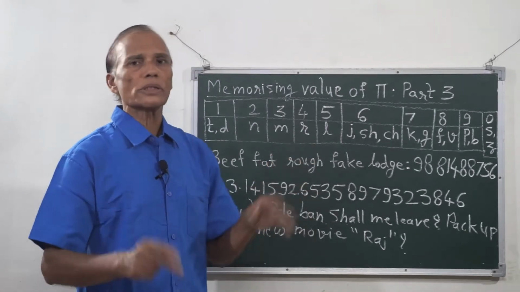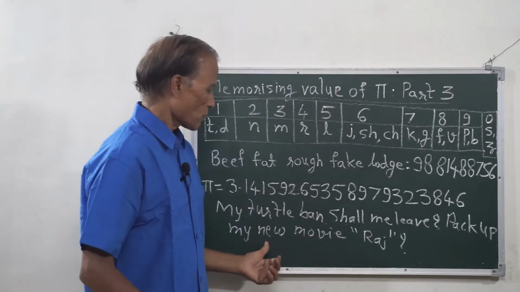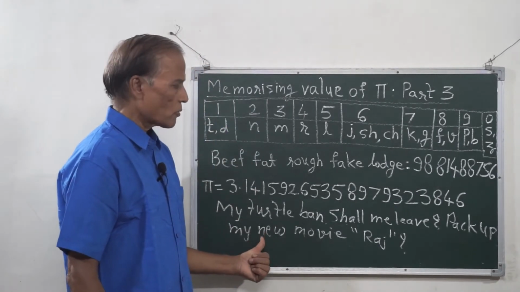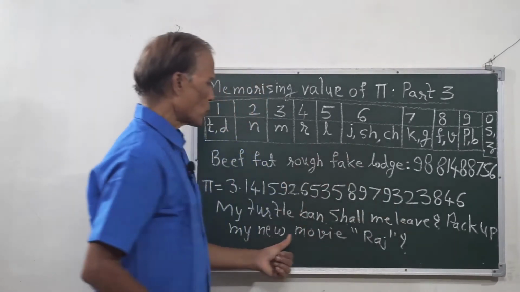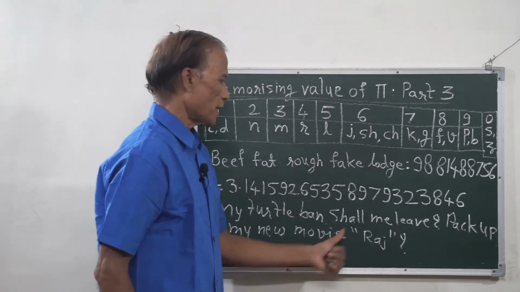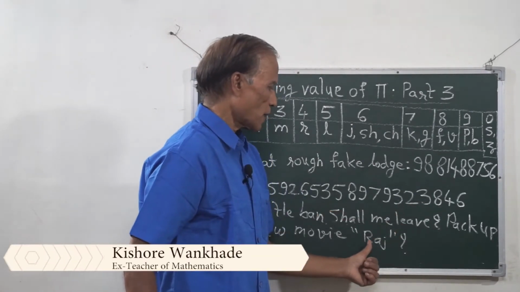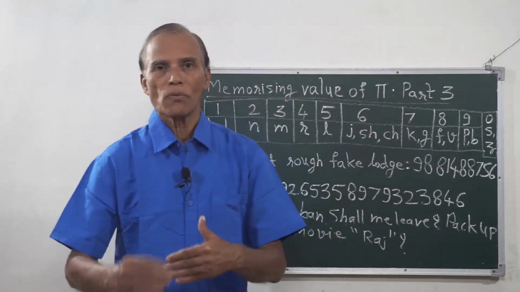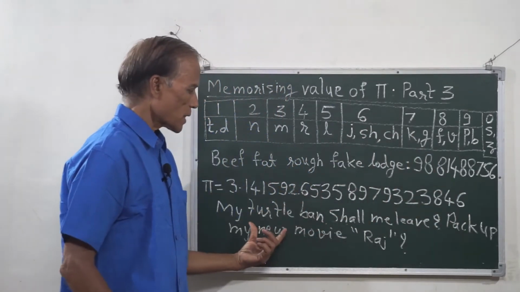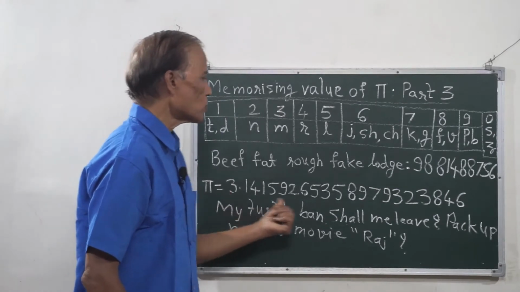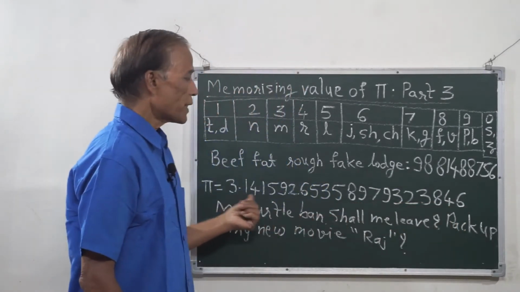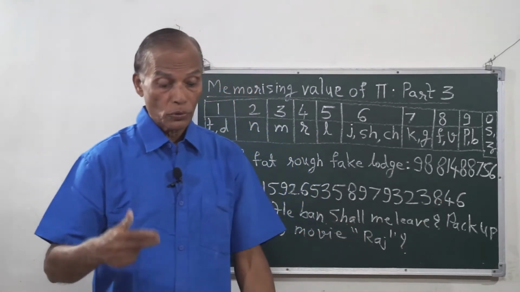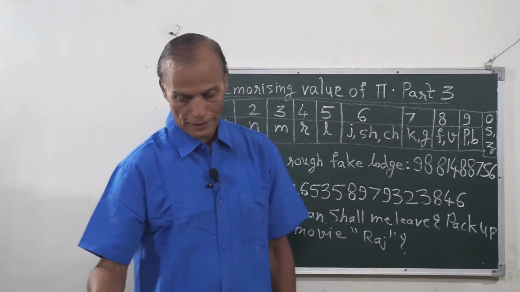You can use it freely while converting numbers to text. So only one sound N, that gives us 2. Then movie, 3, 8, and Raj, R gives us 4, and J gives us 6. In this way, this sentence will guide you for these 21 digits, or the value of pi up to 20 decimal places.